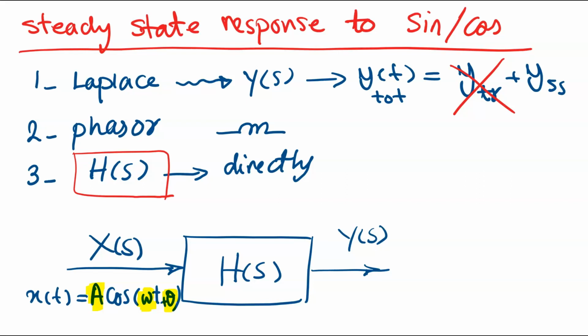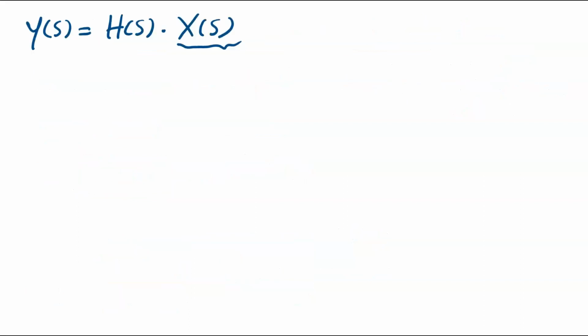Okay, so I know that this is my time domain signal that will be applied to my circuit. My input in time domain is equal to A cosine of omega t plus theta. Now what I need is X of s. In order to describe my X of s, first I'm going to describe my x of t.